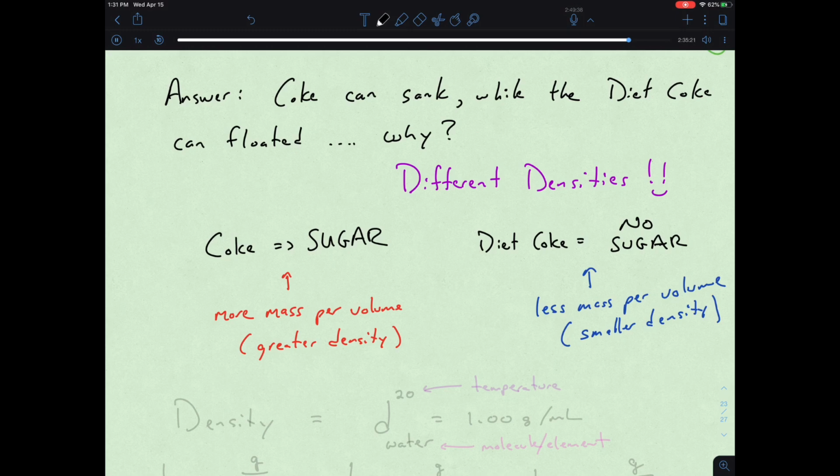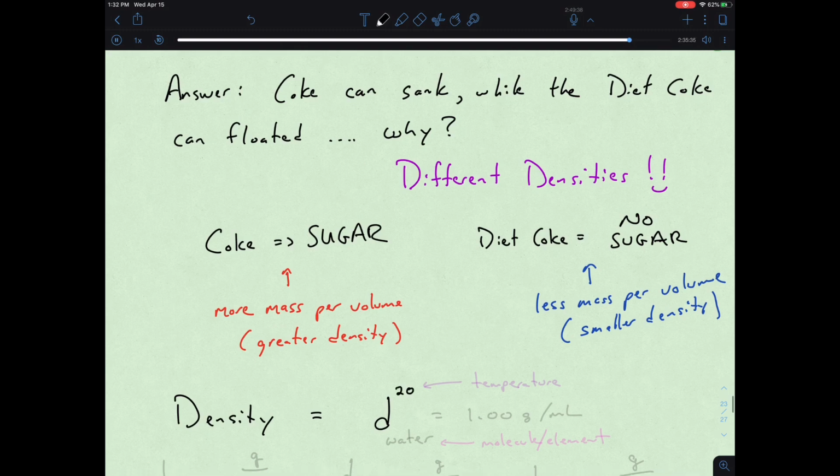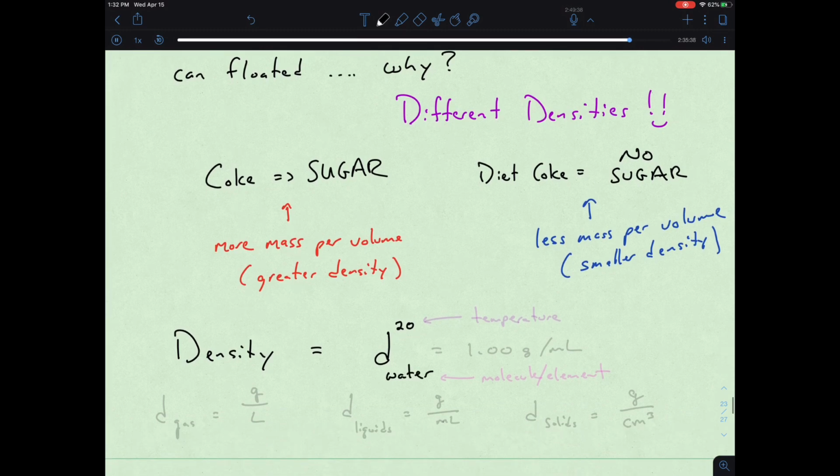There are some subtly different units that we have. Density is given this moniker small little d. Oftentimes there are some descriptors that are there. The top being the temperature at which this density applies, the molecule or element as far as what that density is describing.